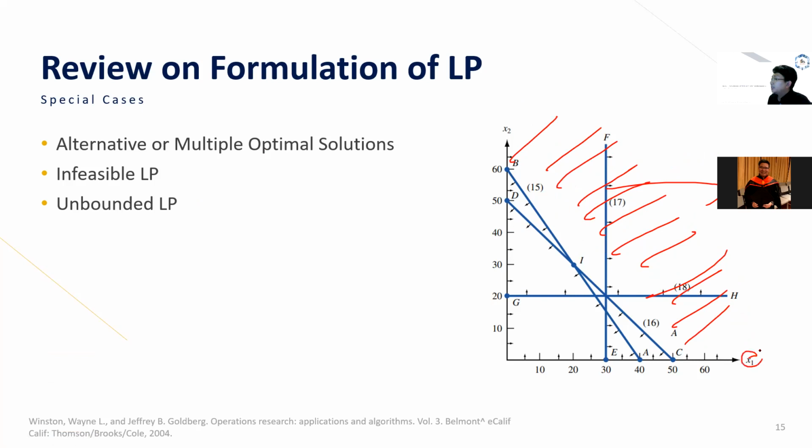The bigger the x1 or the bigger the x2, the value of z equals x1 plus x2 will be close to infinity, right? The more x1 is raised, the more the value of z rises. That is called an unbounded LP.